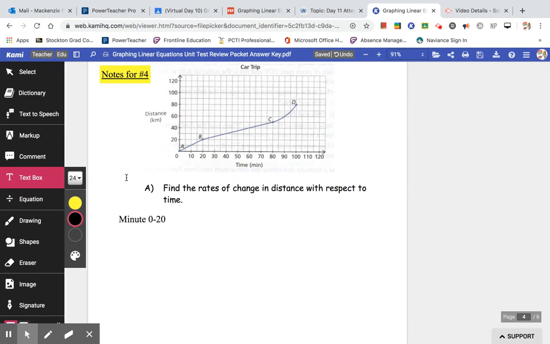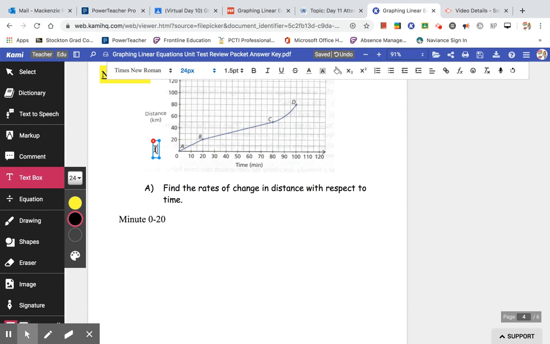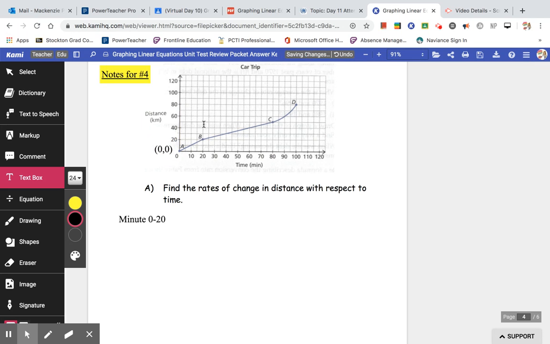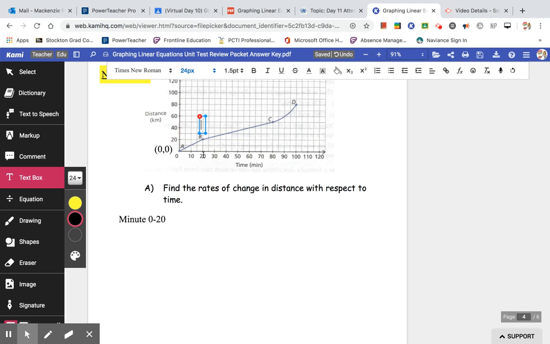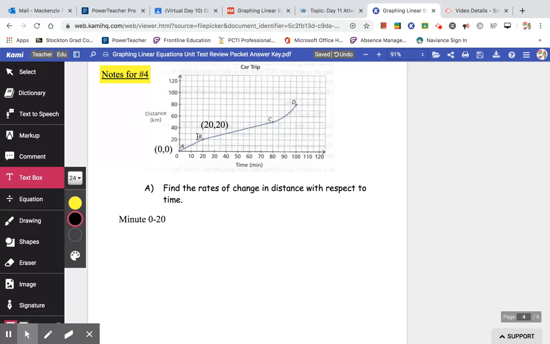So when I look at that, we want to then identify what these points are. Point A is going to be 0, 0, because we know that's the origin. Point B is going to be over 20 and up 20, so that's point 20, 20. So when I go to do this calculation, I'm going to find the slope between these 2 points.